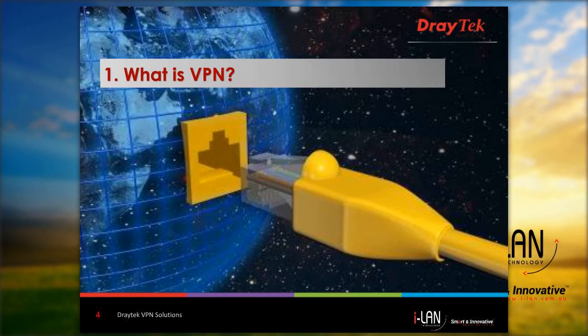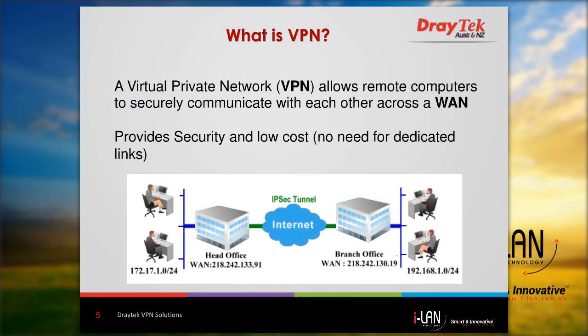So we'll just start by looking at what is a VPN. So let's try the next slide there. Okay. A virtual private network, which is otherwise known as a VPN, allows remote computers to securely communicate with each other across the internet. Using VPNs provides a secure and low-cost method to extend the office network over the internet.